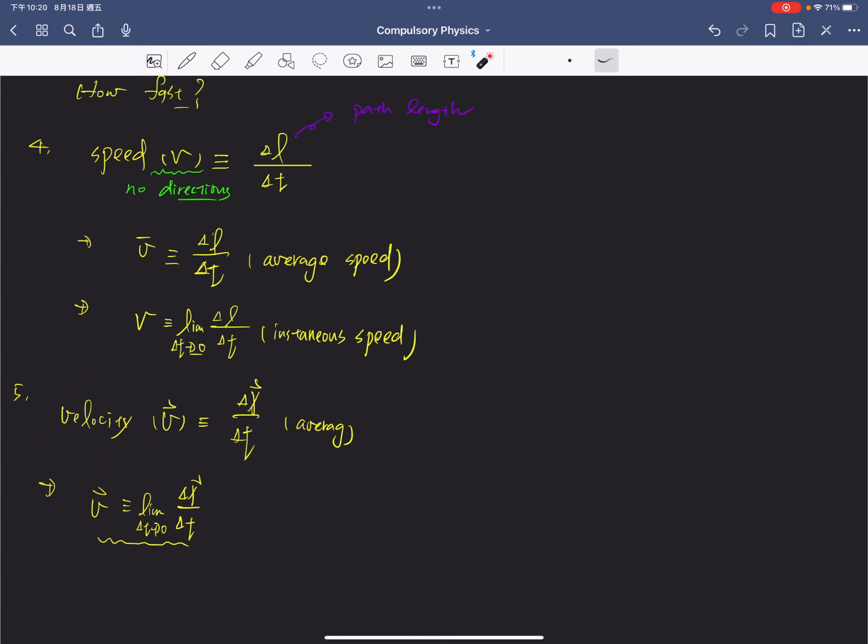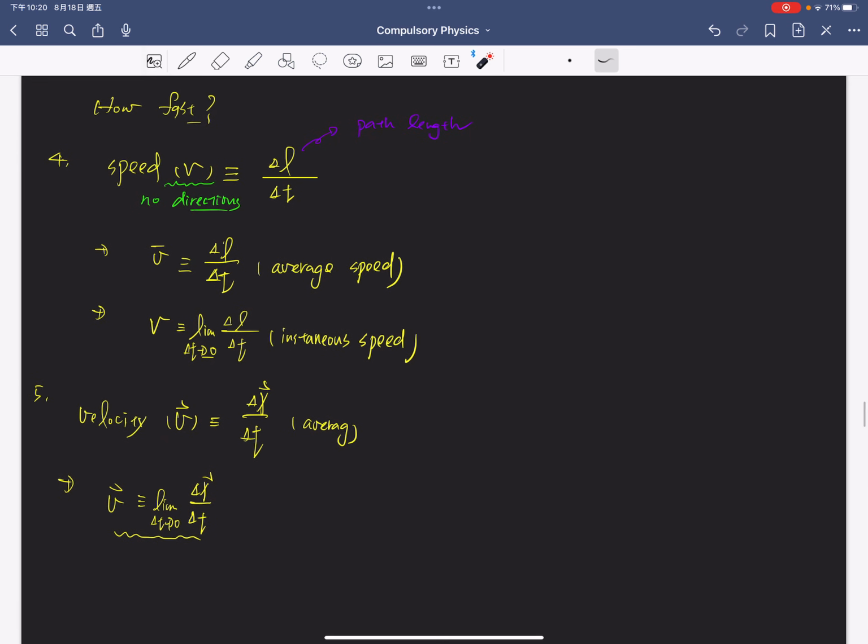Okay, so when we finish all this, how else can we describe how fast? We can use diagrams to help us illustrate the change of the motion state. The first one is displacement versus time, delta x over delta t.